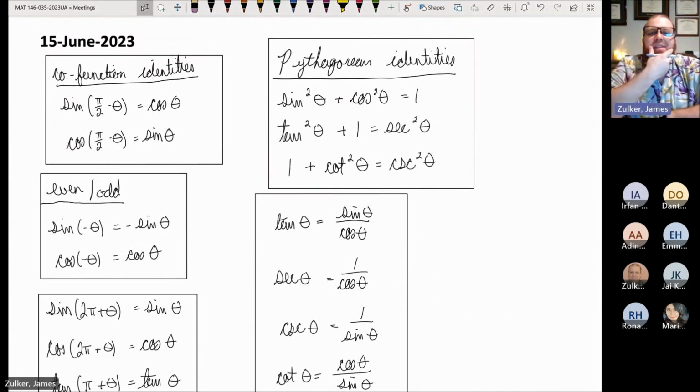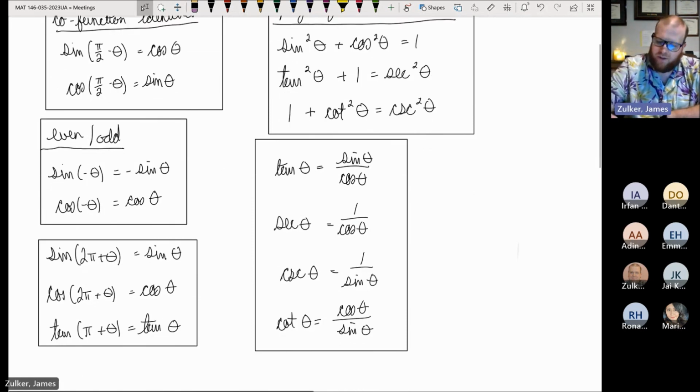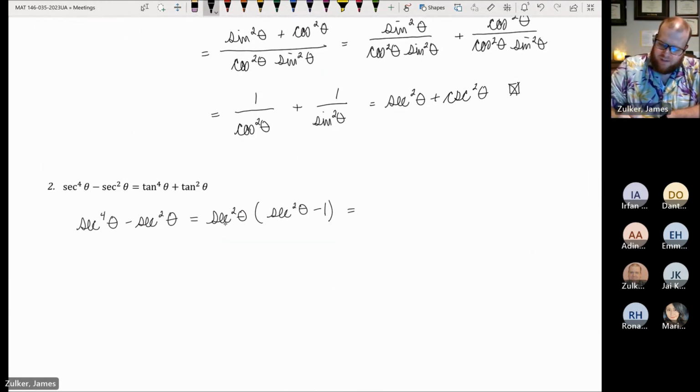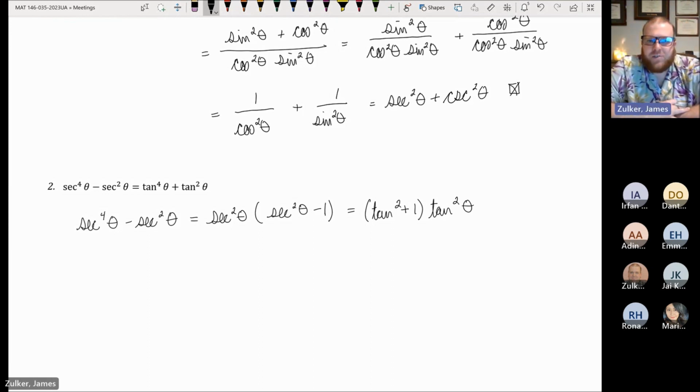There's a Pythagorean identity that relates tangent squared and secant squared. So secant squared is tangent squared plus 1. So that's what this secant squared is going to become. This secant squared minus 1 becomes tangent squared.